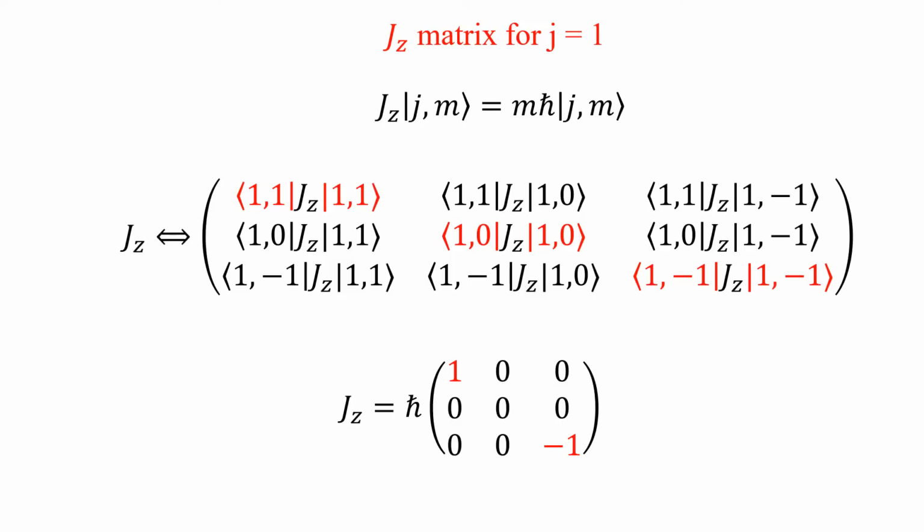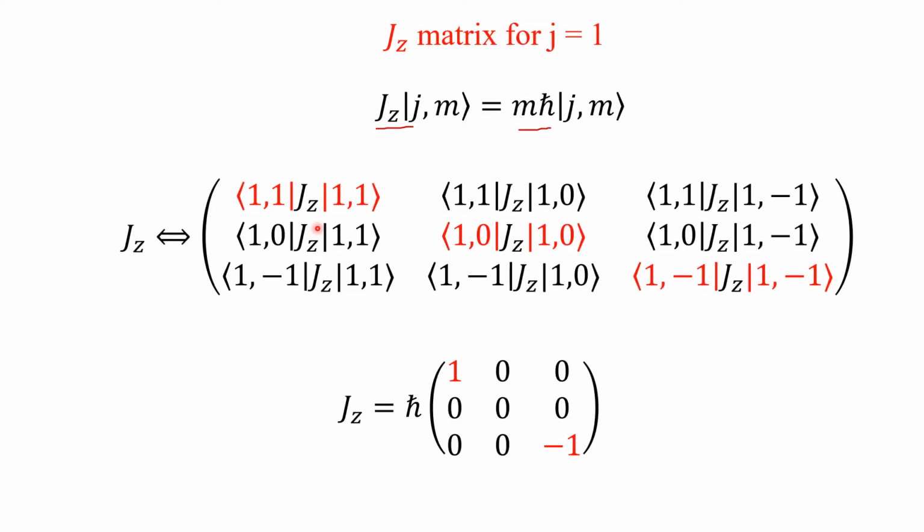When Jz acts on the ket vector |j m>, you will get the eigenvalue mℏ. And here also you have to keep in mind that there is no change in the state. That is, |j m> does not change. The ket |j m> is as |j m> only. So instead of J squared, now I have replaced Jz as the operator.